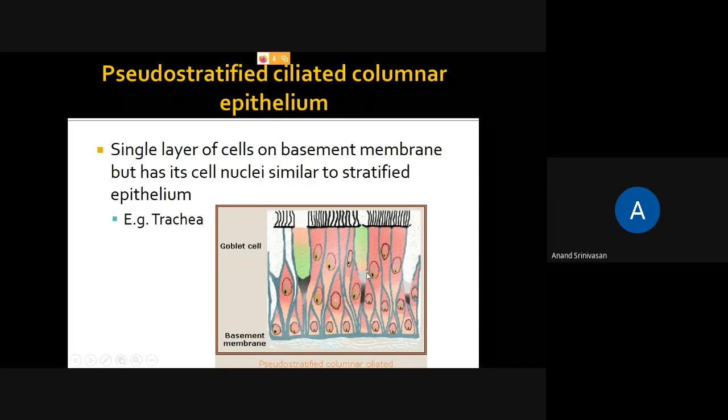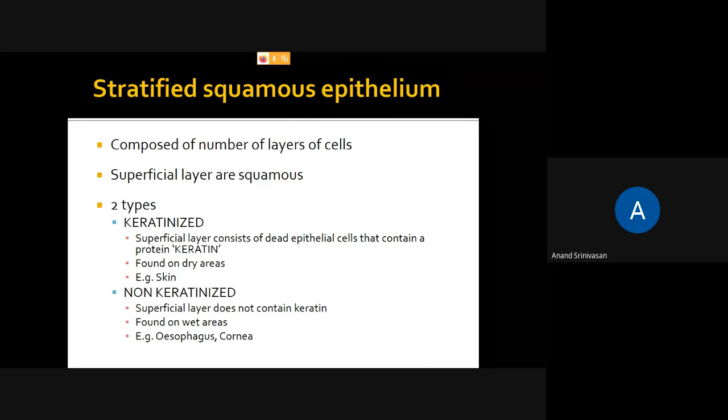All right, so this is regarding the simple epithelium and pseudostratified ciliated columnar epithelium. Now we will come to stratified epithelium. There is stratified squamous epithelium. Stratified means multiple layers, a greater number of layers.